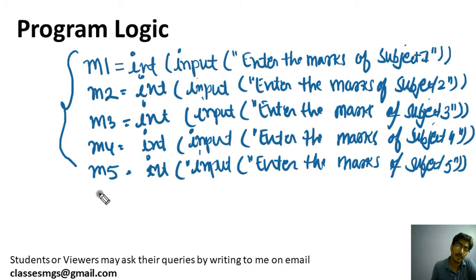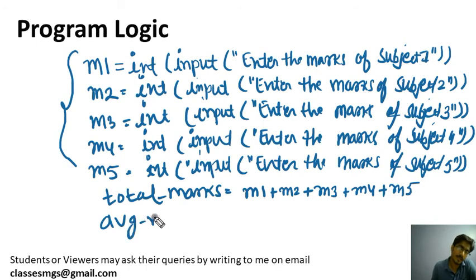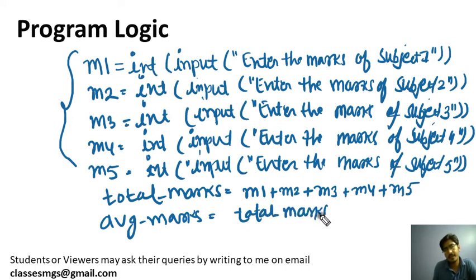Now for calculating the average we need to find the total. total_marks equals m1 plus m2 plus m3 plus m4 plus m5. This is how you will calculate the total. Now to calculate the average, avg_marks equals total_marks divided by how many subjects there are, 5.